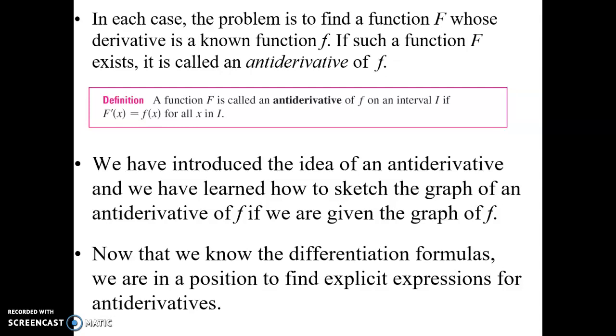So they used just the function f as the given function, which was a velocity function, a rate of change function, or a derivative function, and they used capital F to signify the function that the given derivative function came from.